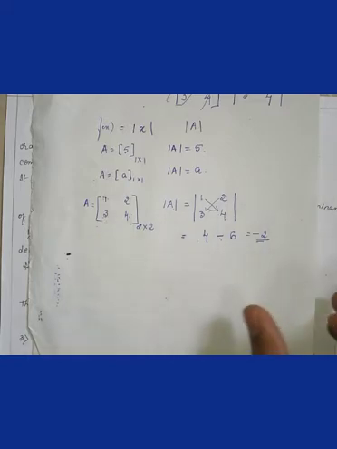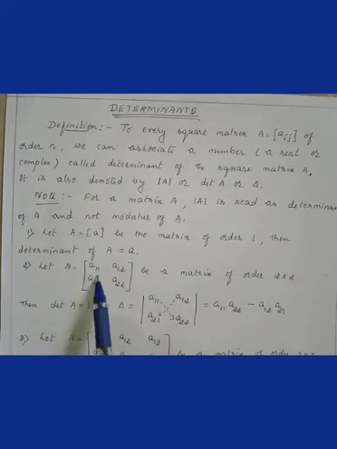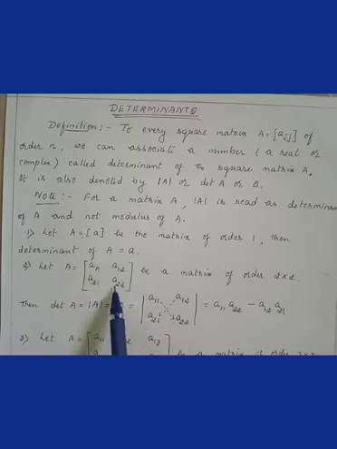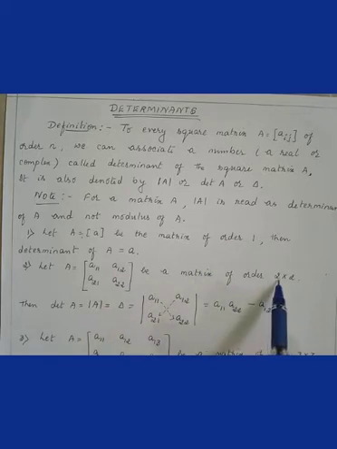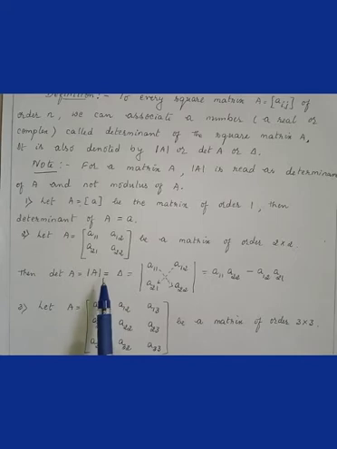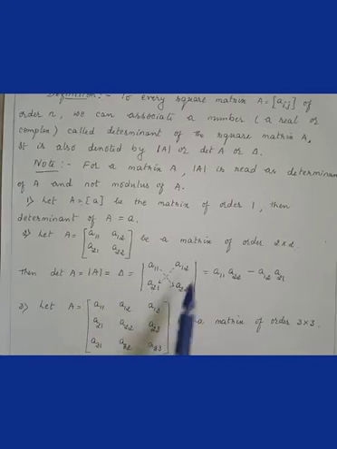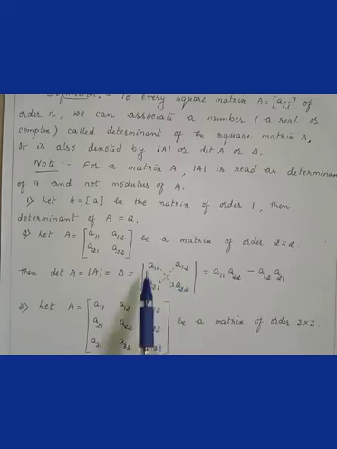In general, if A is a square matrix with entries A11, A12, A21, A22, of order 2 by 2, then determinant A is nothing but delta. First write within the determinant notation all the entries A11, A12, A21 and A22.